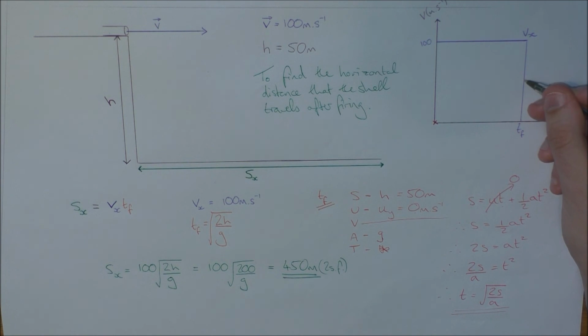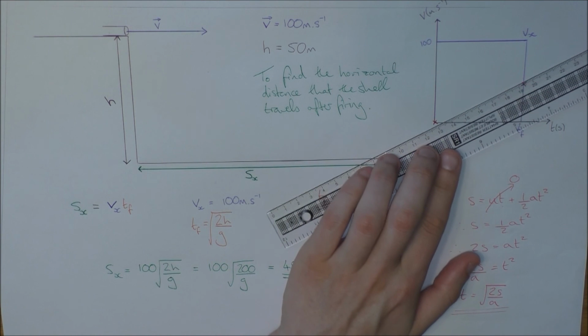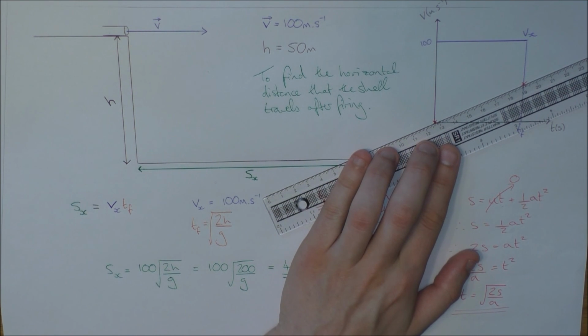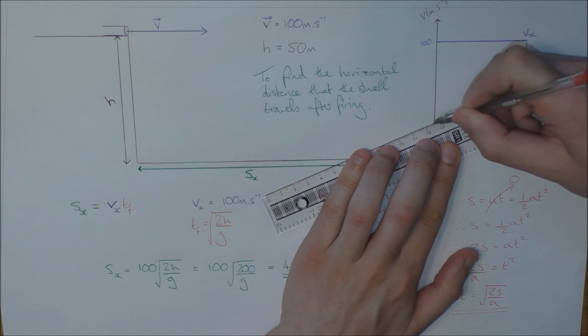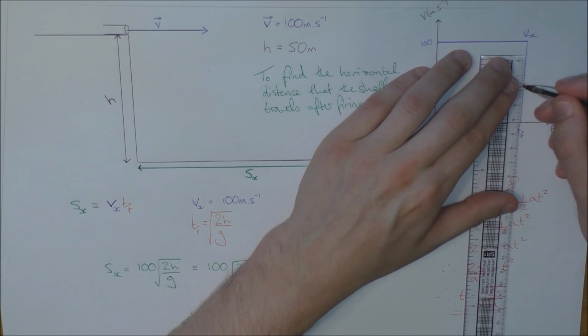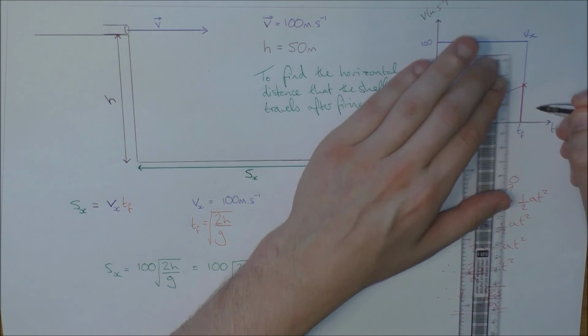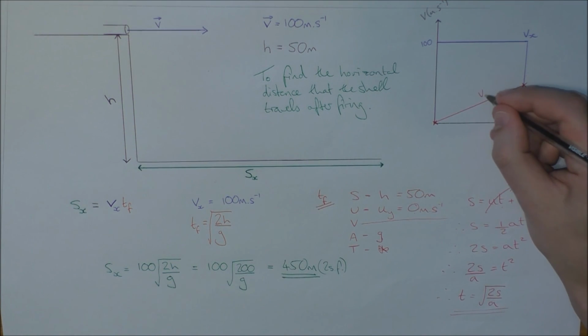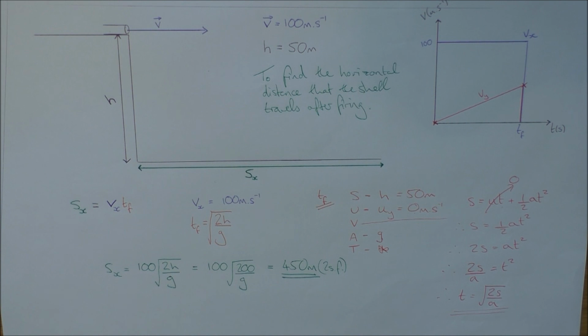So that's a little over halfway, a little under halfway up this side. And I know that on my VT graphs, acceleration is given by the gradient. I know gradient and acceleration are constant here, so I can draw a straight line. And that also becomes 0 at Tf. So that one will be Vy. Just an extra little bit of skill that we can use there to do that.